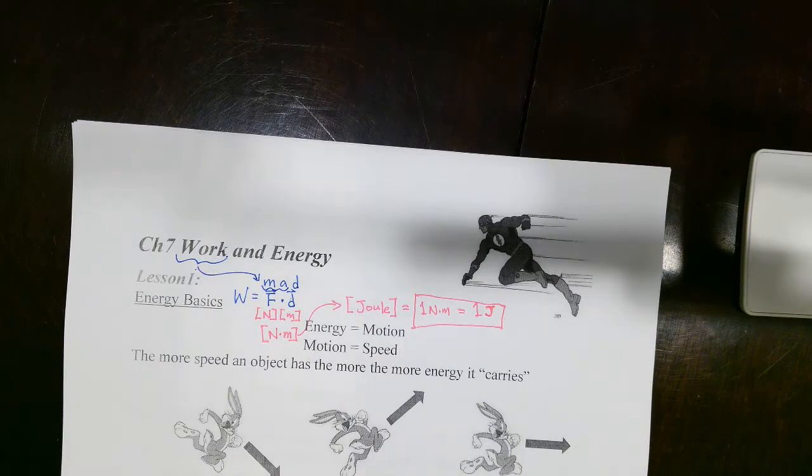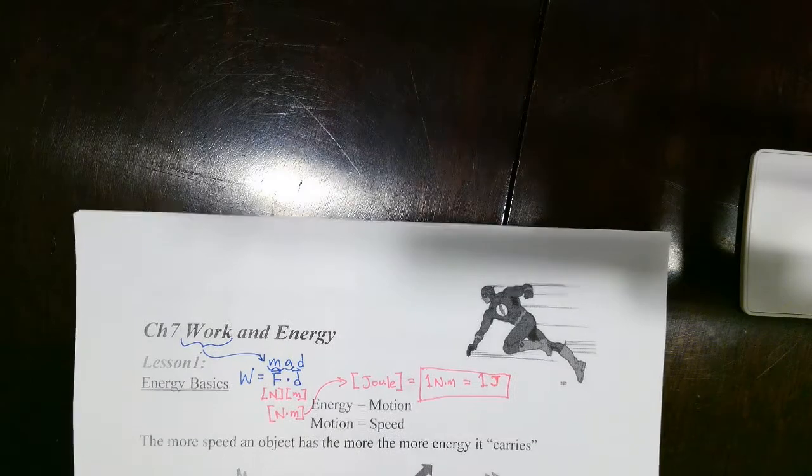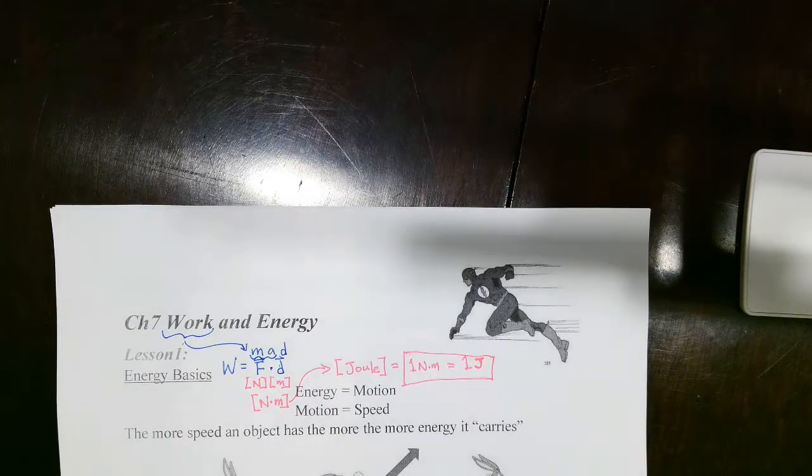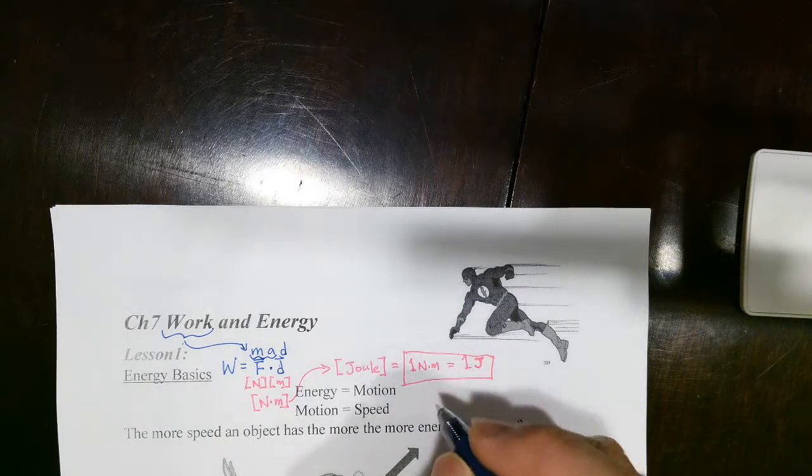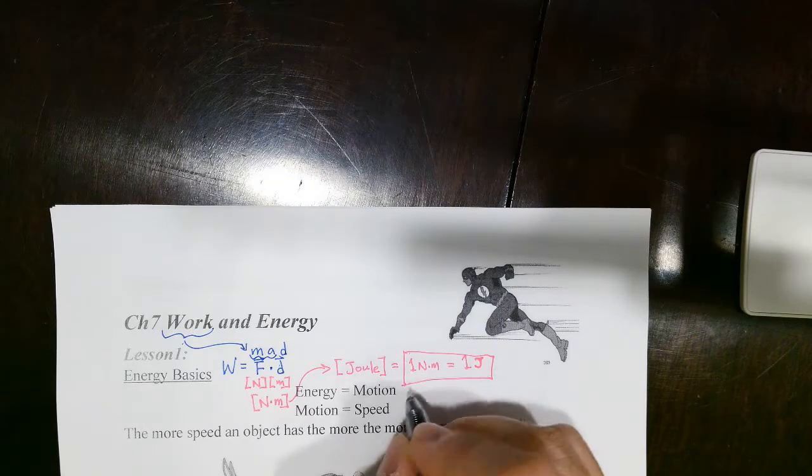So when you push onto something or pull something, you are actually giving some push to make this object either speed up or slow down, right? So when you give some force, you're either making it go faster or slower.